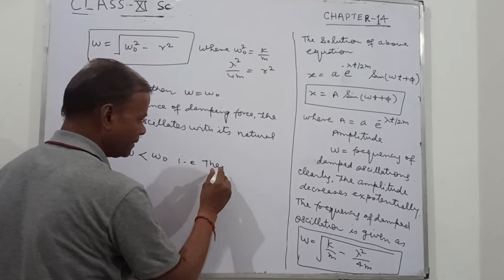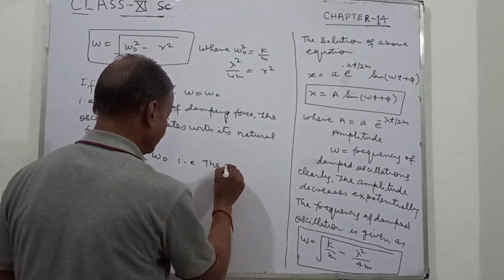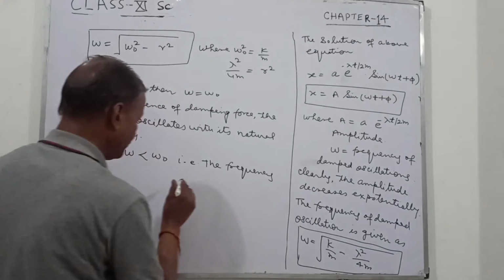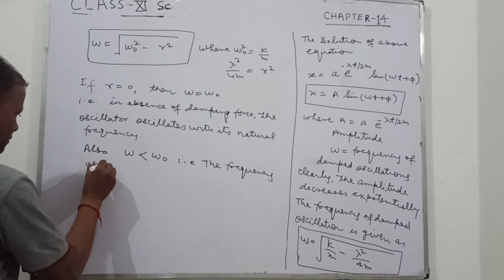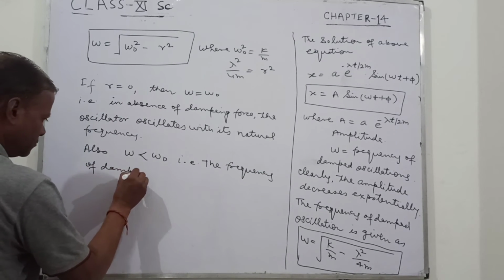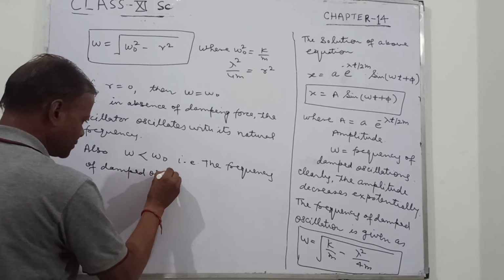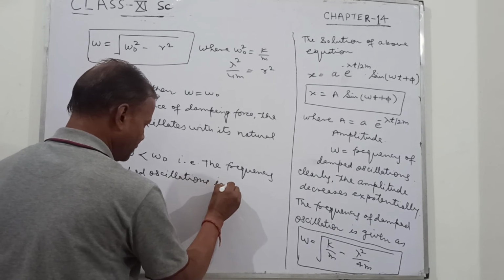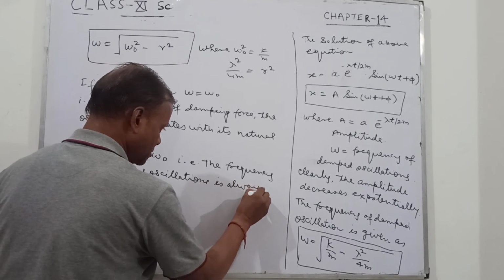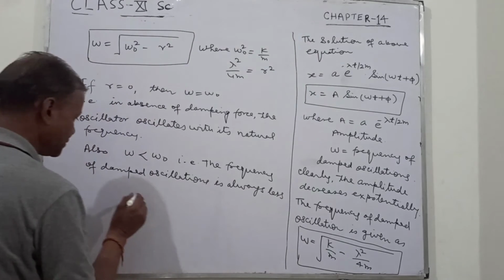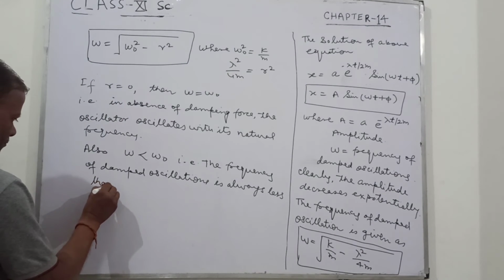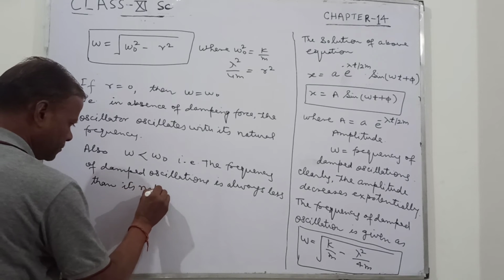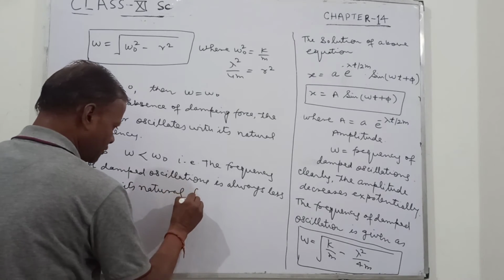The frequency of damped oscillations is always less than its natural frequency.